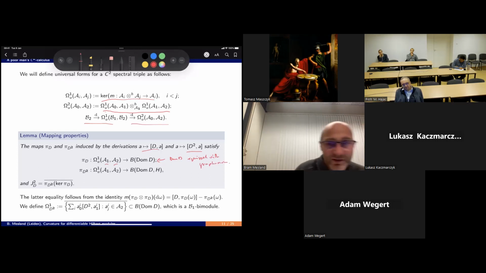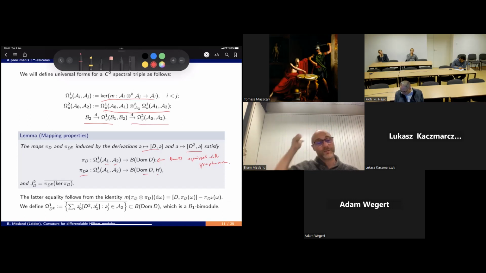So this tells me that these represented forms preserve the domain and do so in a controlled way. And I can also induce my universal forms using the commutator with d squared, which does not land in bounded operators on H, but it turns out that it lands in bounded operators from the domain of D into H, where again the norm on this operator space is defined using the graph norm.